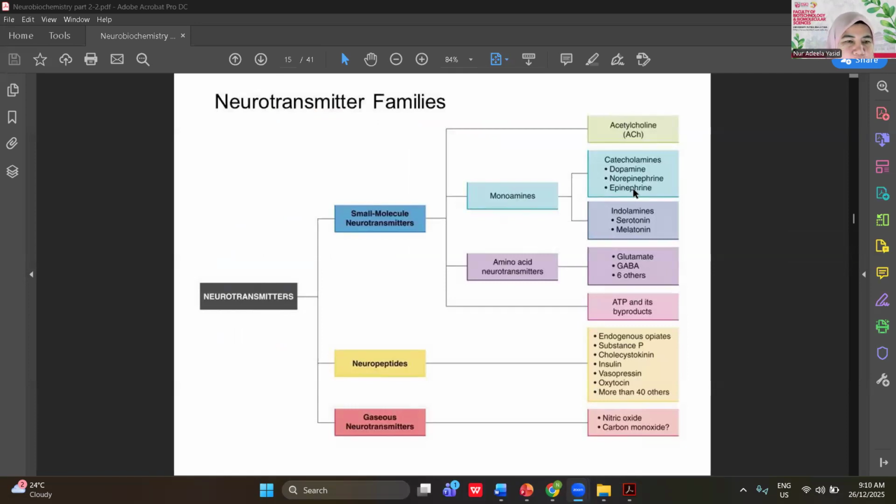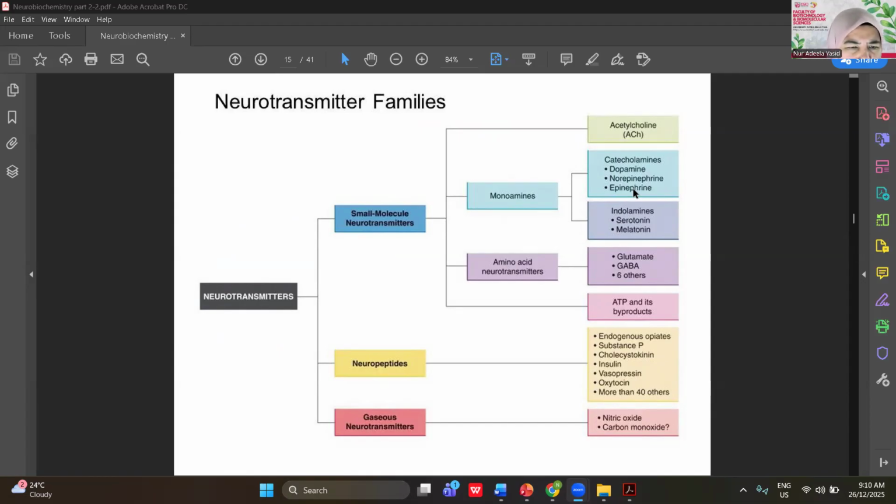Okay, so this slide basically summarizes the neurotransmitter family. We have neurotransmitters that can be divided into small molecule transmitters, neuropeptides, and also gaseous neurotransmitters. So what is a small molecule transmitter?